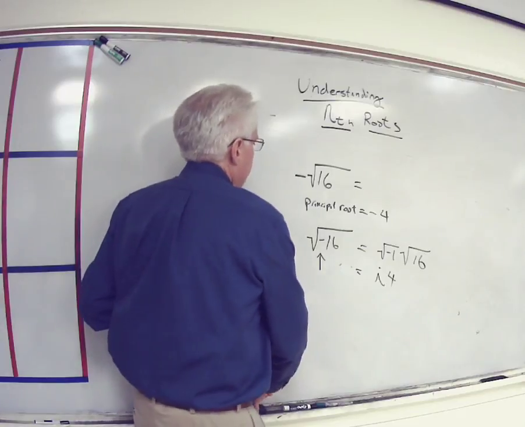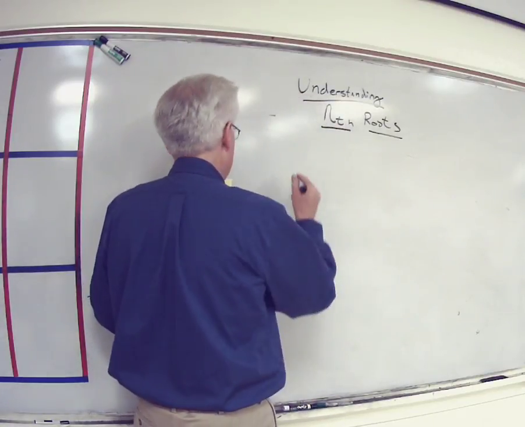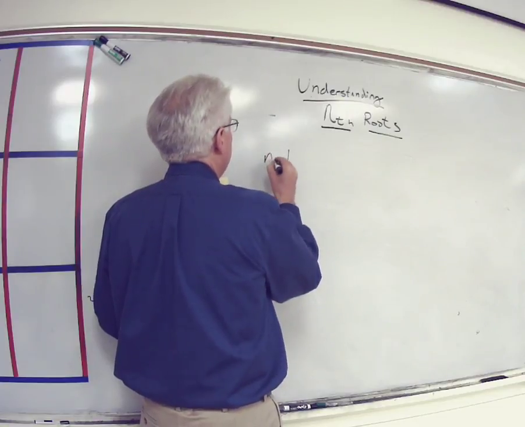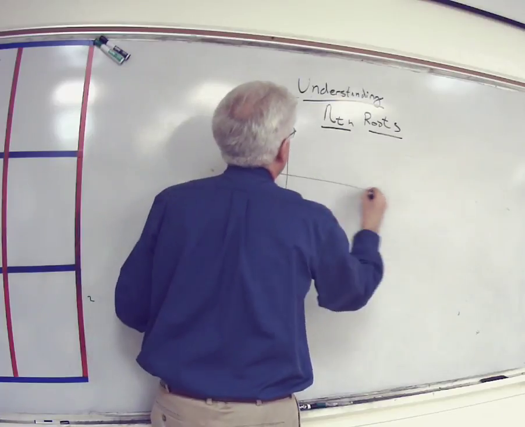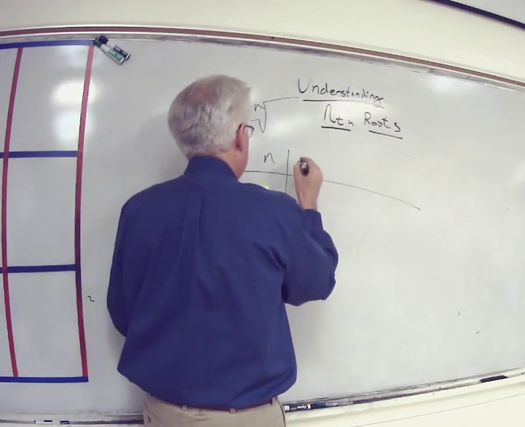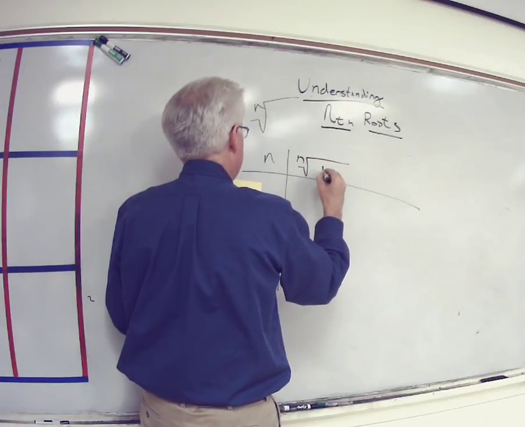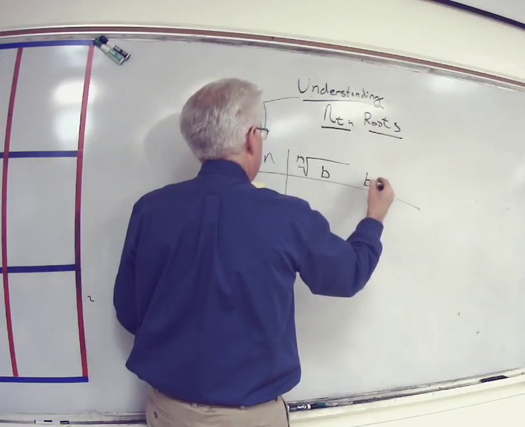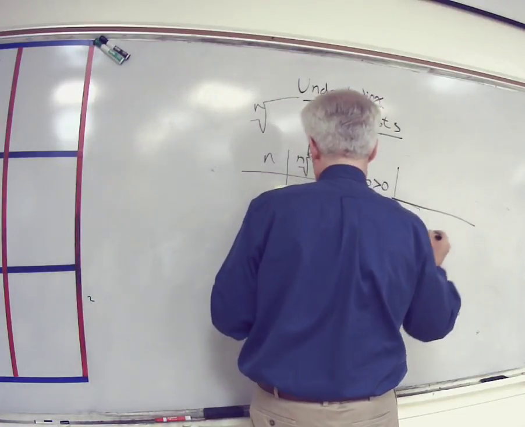Let's think about the different cases that we might deal with, okay? We're talking about n, the index. So I have the nth root of something, right? So let's say I want the nth root of b, and b is greater than 0. Okay?